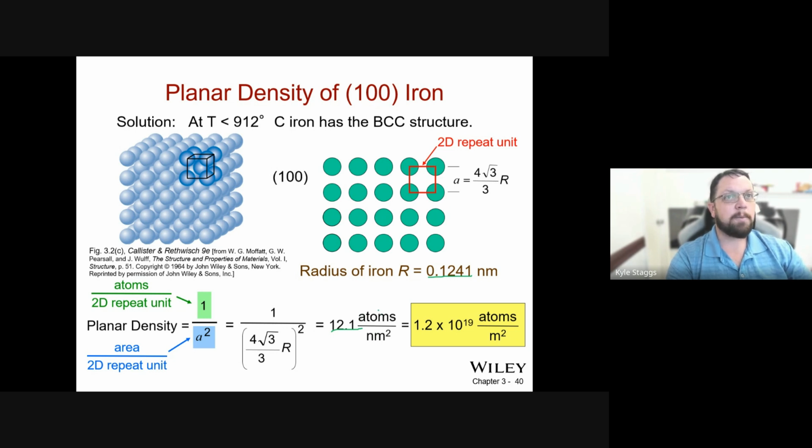What that does is allow us to say it's 1.2 times 10 to the 19th atoms per square meter. This is helpful in terms of how this operates, to get a sense of what the calculation looks like.